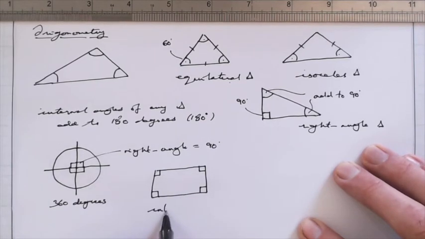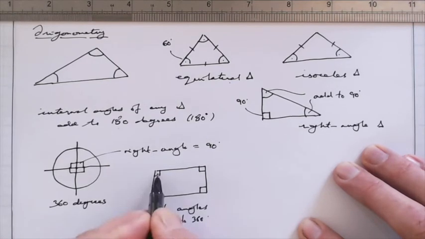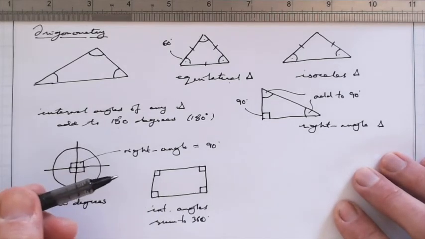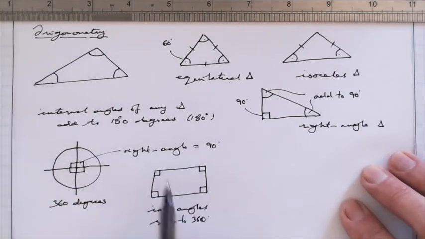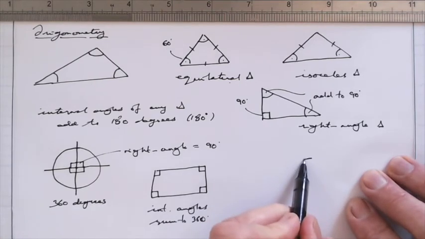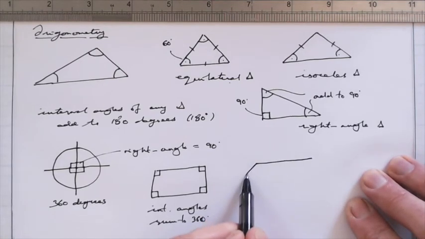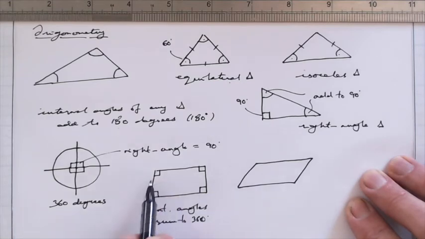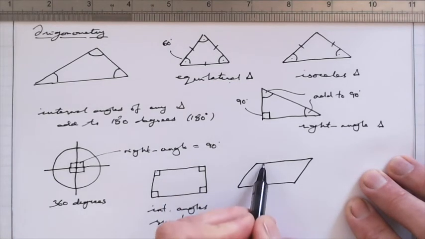So for a rectangle, the internal angles sum to 360 degrees because we have 4 right angles. And now let's imagine I pushed on the top of this rectangle and skewed it, but I kept the length of the sides the same, so it's the same rectangle. I just pushed and skewed it.